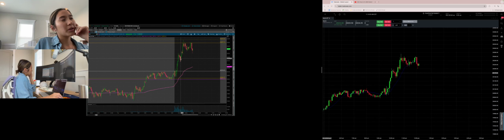This was the only pullback that kind of occurred this day, and I was thinking of taking a trade, but I was waiting here and I was going to take it here, but at that point I saw it break above this candle, so I was waiting for a secondary pullback, but it never happened, so I just missed this entry. But this is a double top, so I'm interested in this.